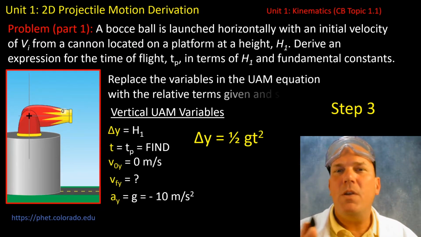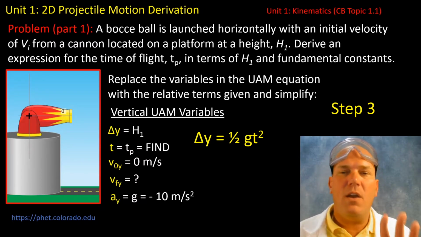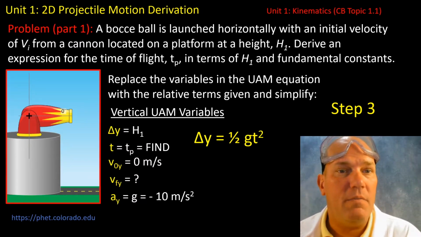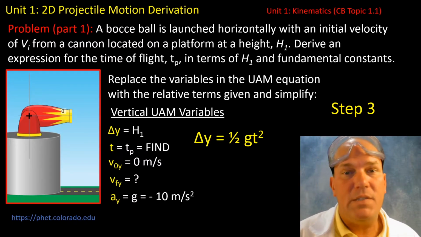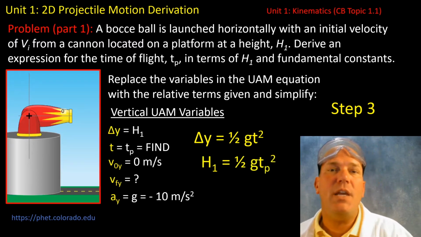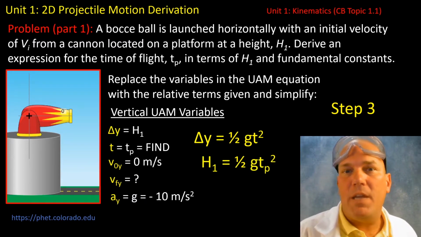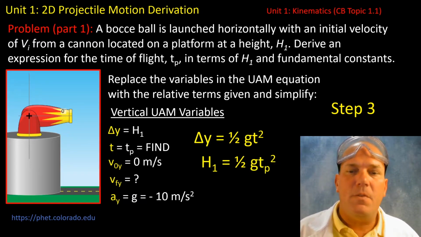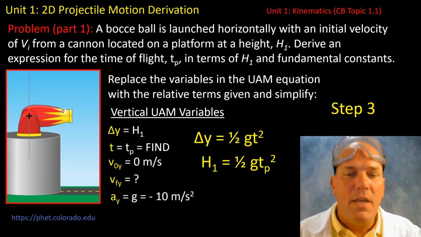Step 3, we're going to replace variables in our UAM equation with the relative terms that were given in the problem, and then we're going to simplify. Let me show you what that looks like. So change in y becomes capital H subscript 1. T is now T sub P for the time of the projectile.